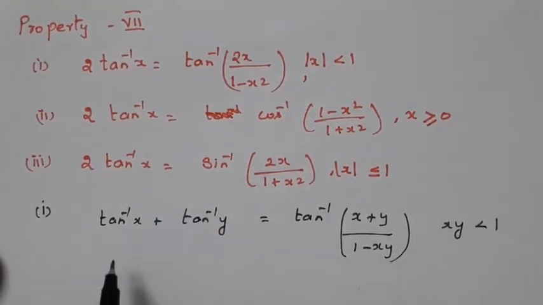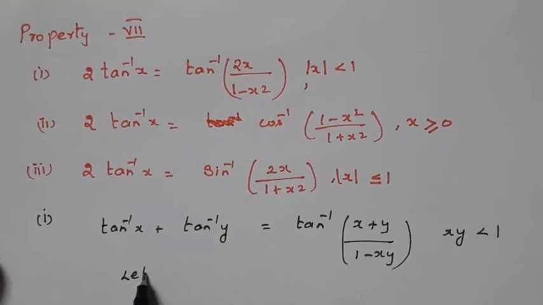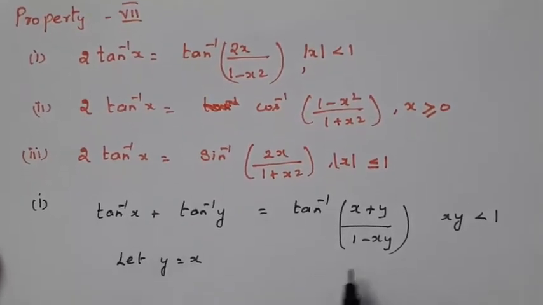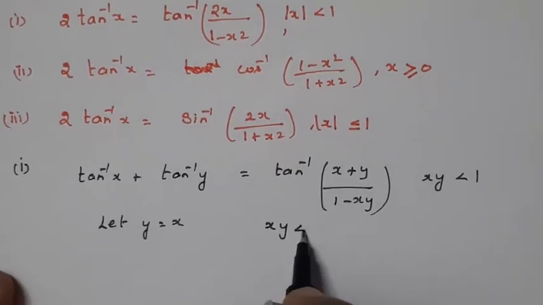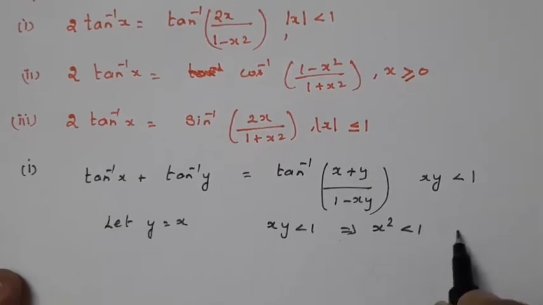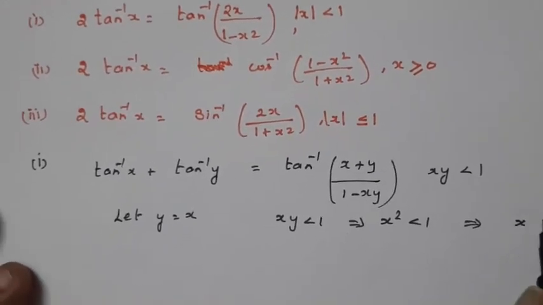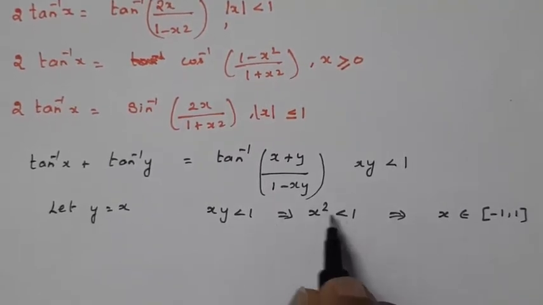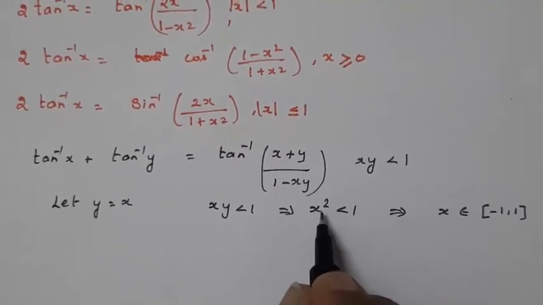So, by taking this one, let us take y as x. So, what happened? xy less than 1 implies x squared is less than 1. So, this implies that x belongs to minus 1 to 1. That means that x squared is less than 1 means x lies between minus 1 and 1.